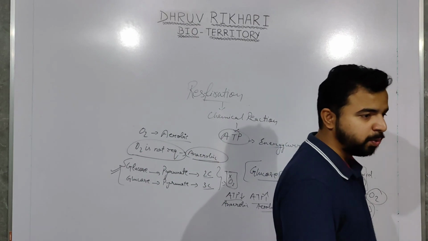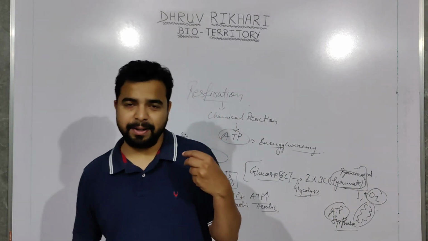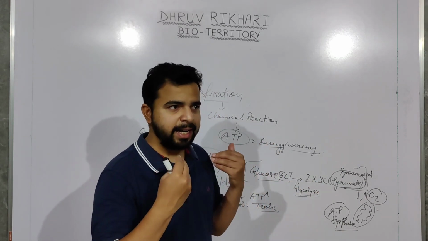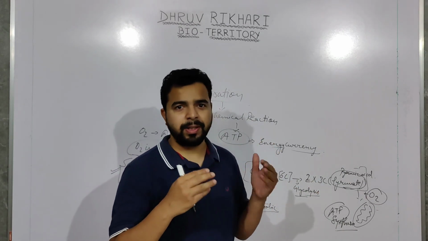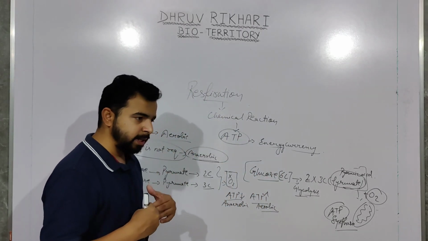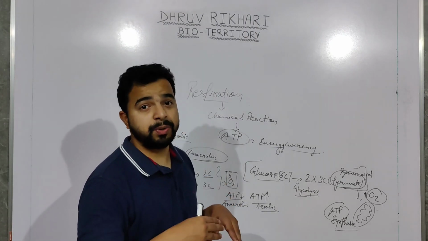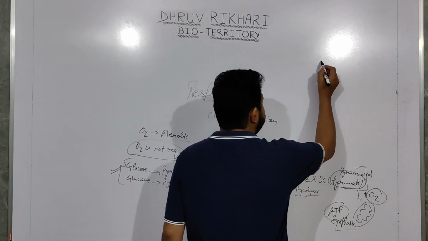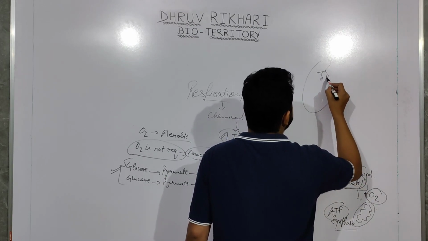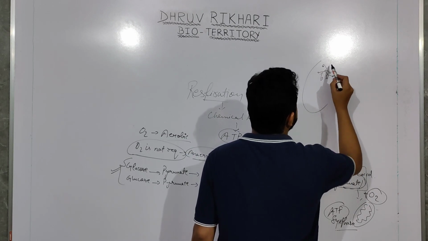So what is happening there? When we are inhaling, the oxygen along with the atmospheric air moves inside, through the nasal passage and passing through the trachea, it reaches the lung, and within the lungs there are branch-like structures which we call bronchi or bronchioles.